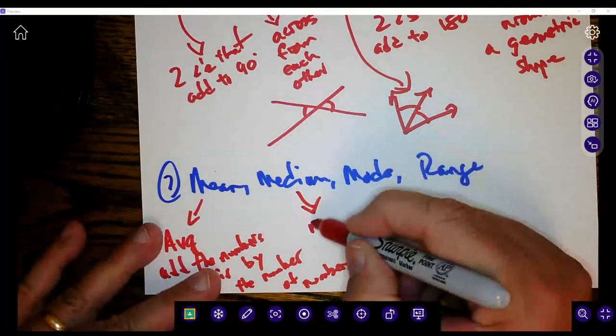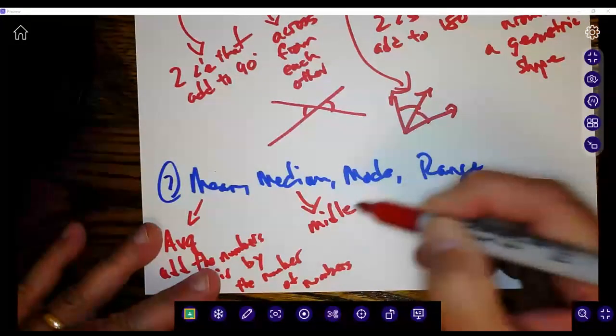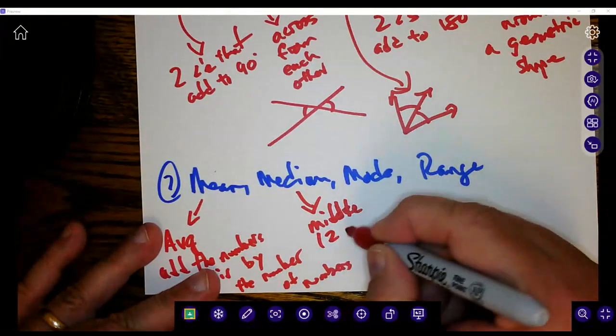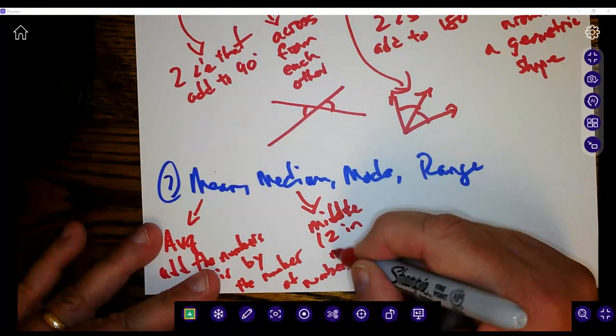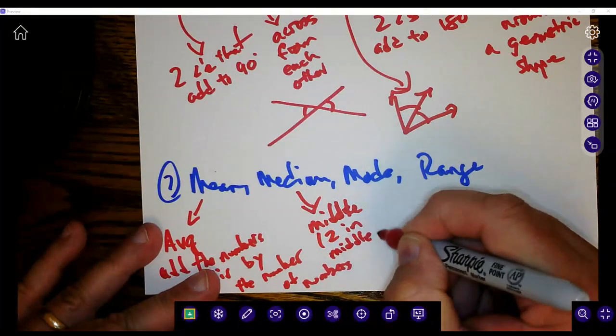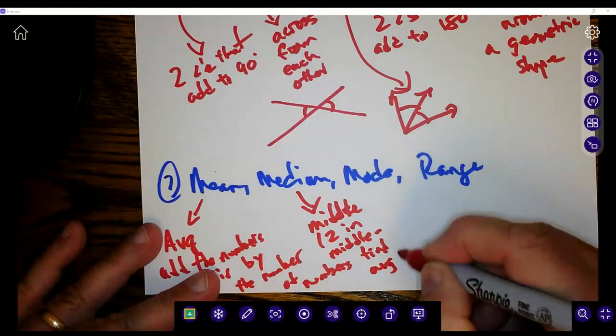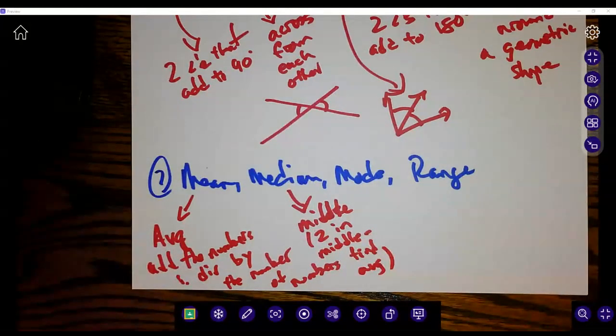For median, this was the middle. And remember, if there were two in the middle, find the average or the mean. You add the two up that are in the middle, divide by 2.